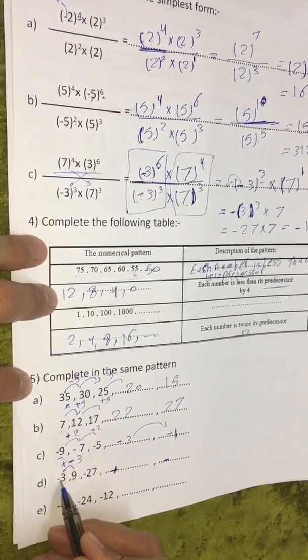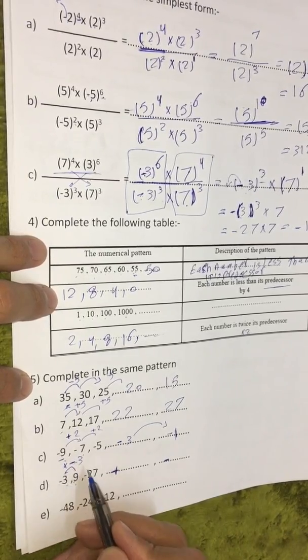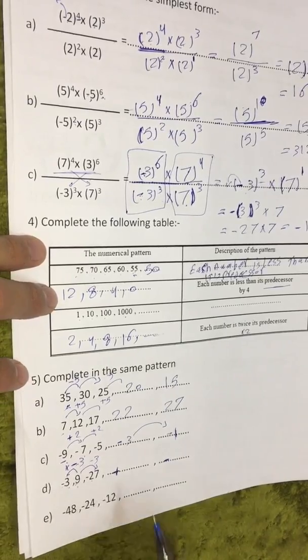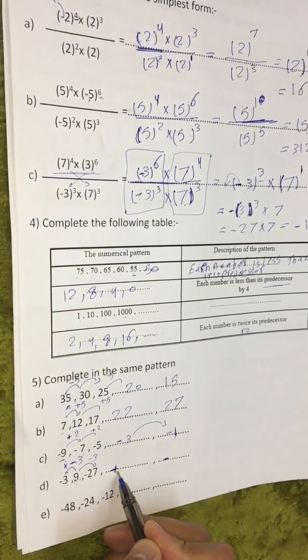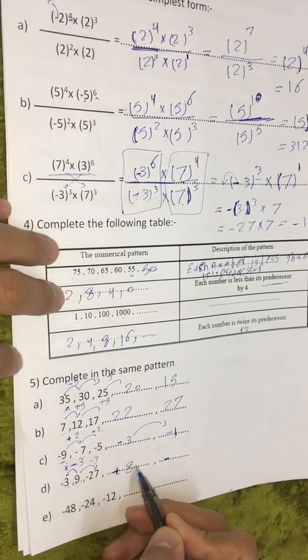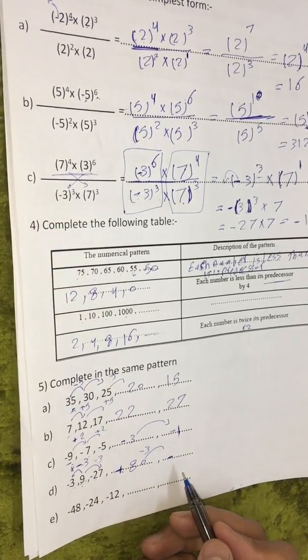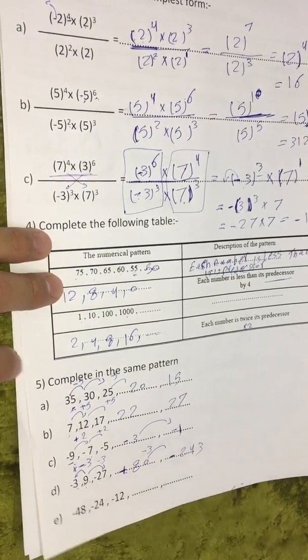Negative 3 by negative 3 equals 9. Negative 9 positive by negative 3 equals negative 27. Again, negative by negative equals positive: 3 by 27 equals 81. Next, by negative 3, positive by negative equals negative 81 by 3 equals 243.